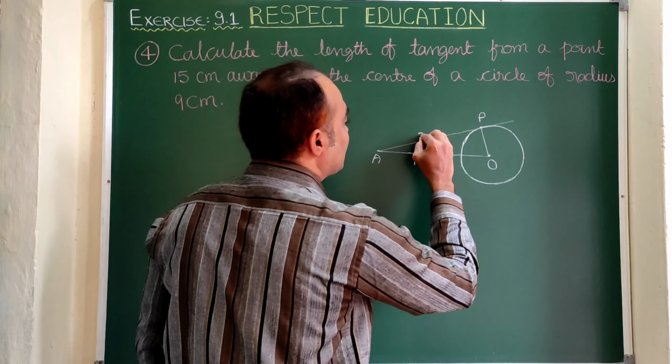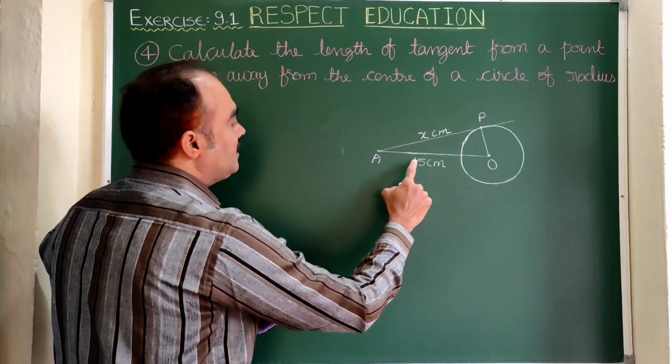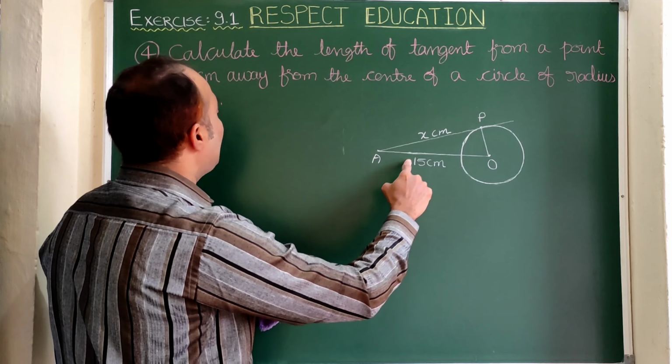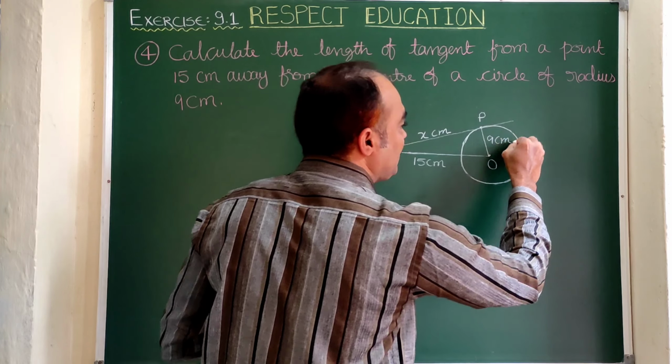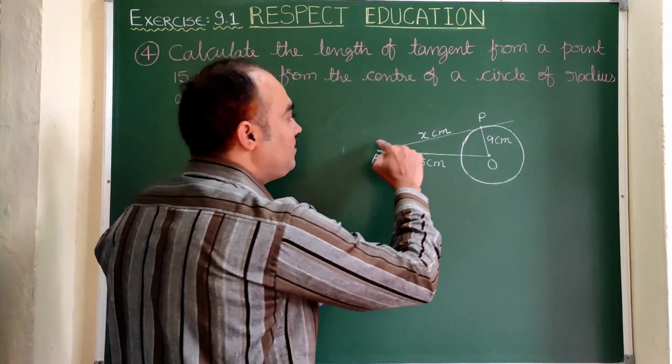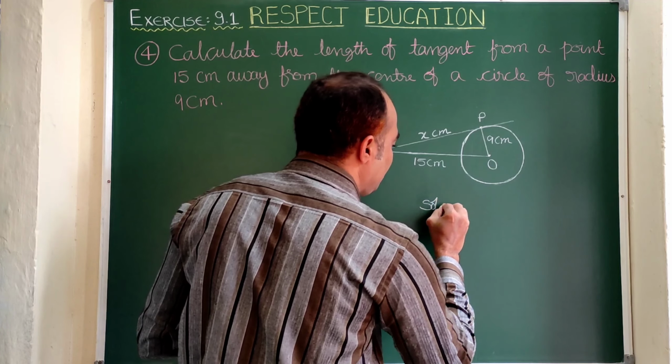So let us take it as some x centimeter from a point 15 centimeter away from the center of a circle of radius 9 centimeter. Here OP is 9 centimeter. Right, we need to find AP. So let us write here the given condition first.